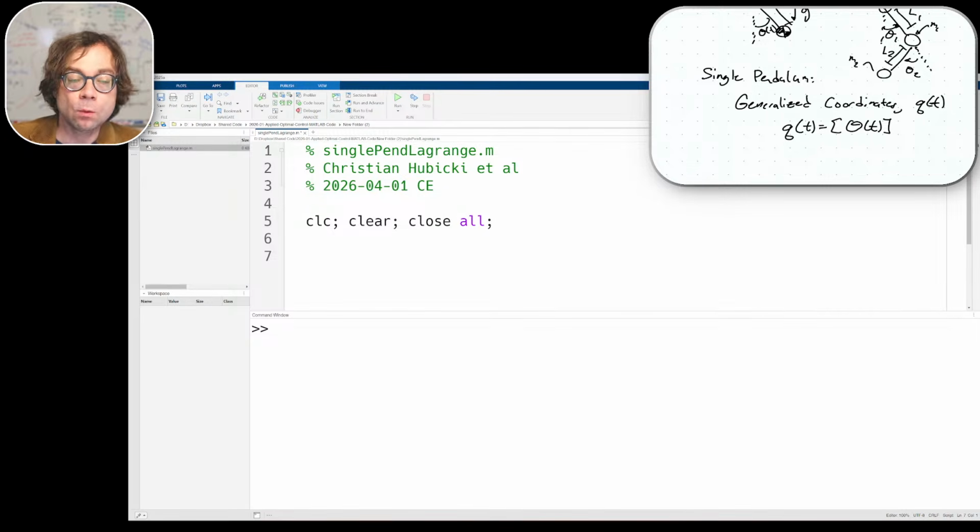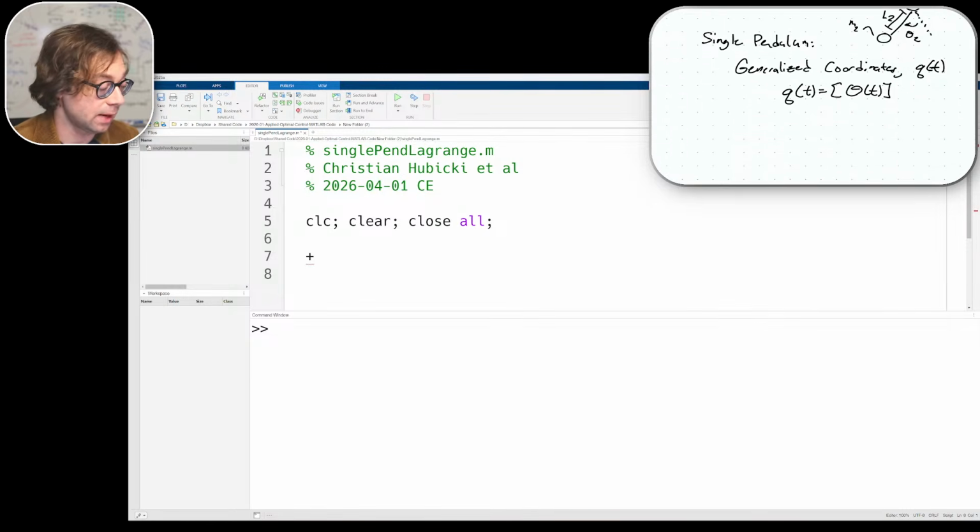Now, we are going to start defining things like q in terms of symbolic variables. And this is really interesting. We can define symbolic variables that are functions of time. And this will be important when we are taking our ordinary time derivatives as part of the Euler-Lagrange equations, okay?